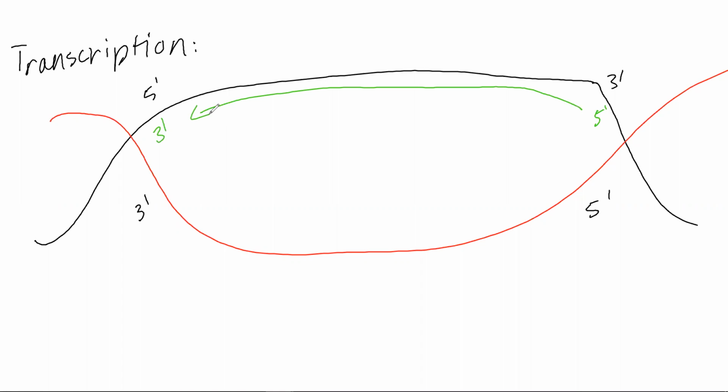The top strand is my template strand, and the bottom strand is my coding strand. What's the difference between the template strand and the coding strand? The coding strand is unaffected. The template strand is being used as a template for mRNA. That's the only difference. Nothing actually happens to the coding strand.